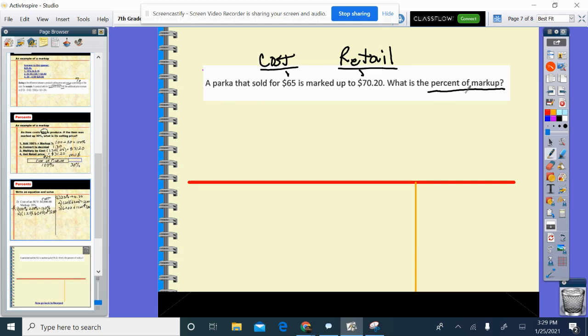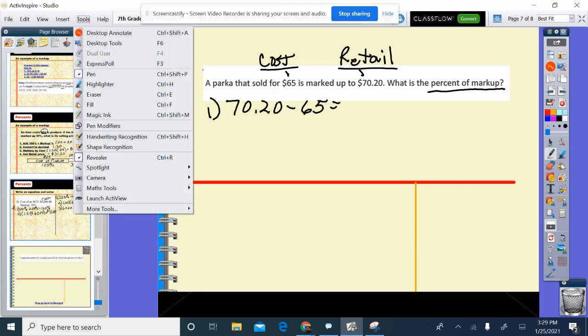So how do we find out what the percent markup is? Well, a couple easy steps. We take the full retail, we subtract its cost, and we get the markup, how much we marked it up by.